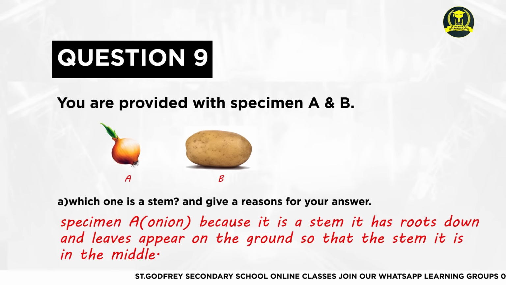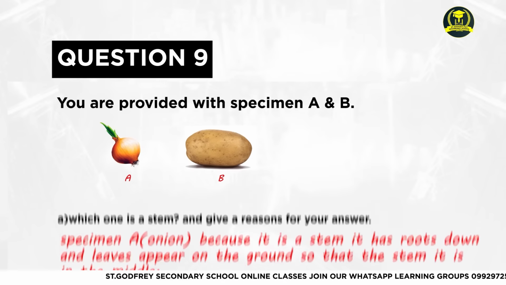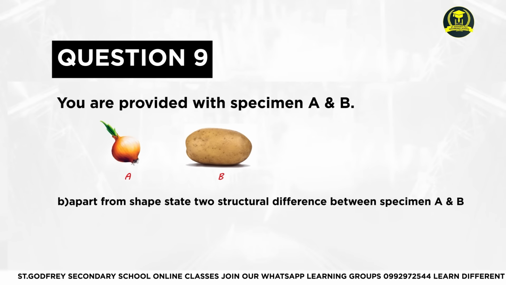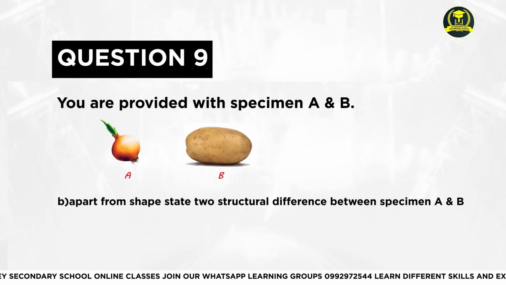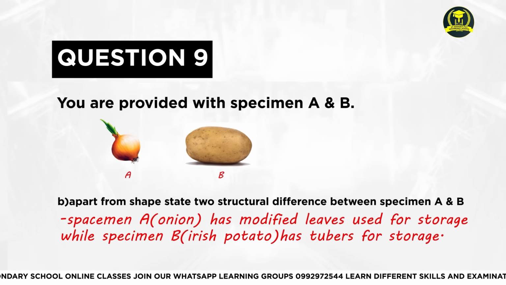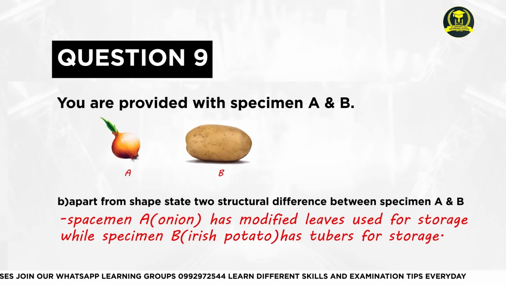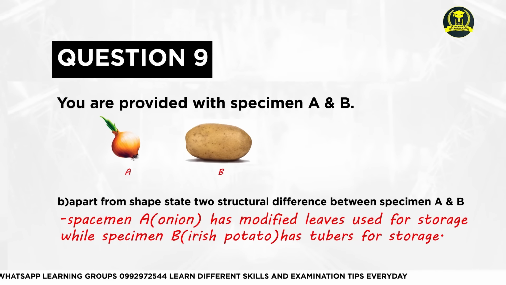Question B. Apart from shape, state 2 structural differences between specimen A and specimen B. Specimen A, which is an onion, has modified leaves used for storage, while specimen B, which is an Irish potato, has tubers for storage.